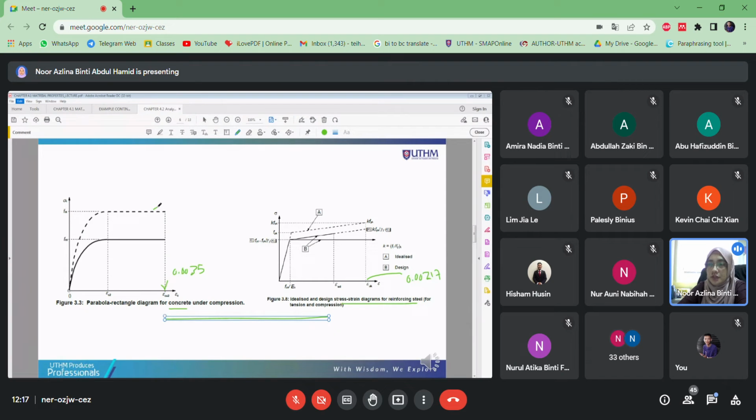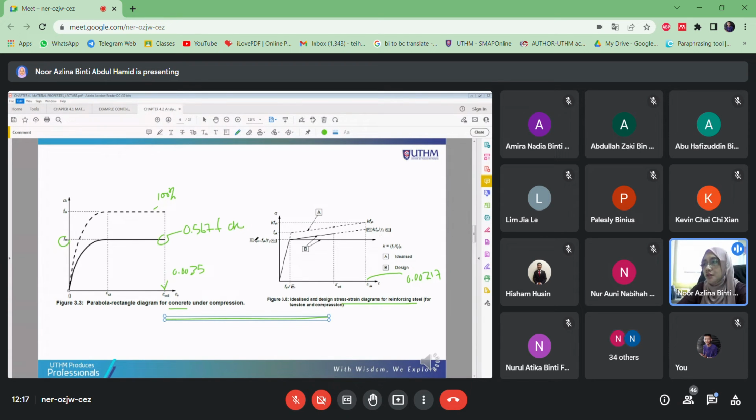So this FCK is the original 100% of FCK, but for the design, which is FCD, we consider for the concrete 0.567 FCK.